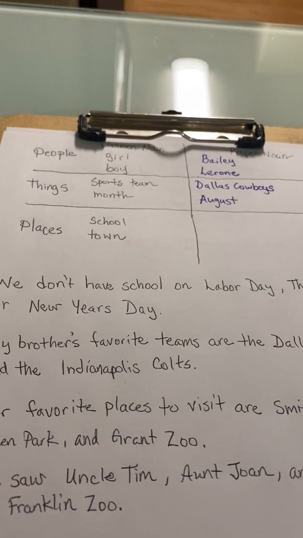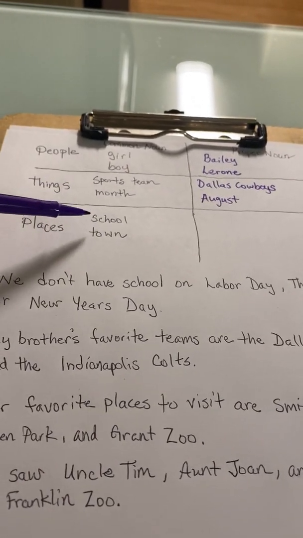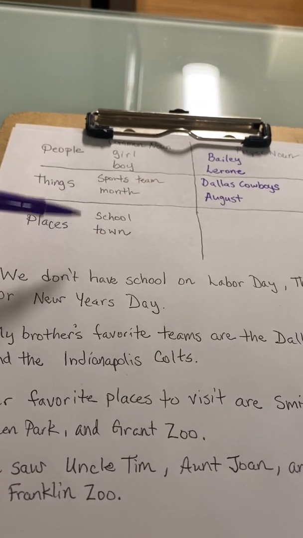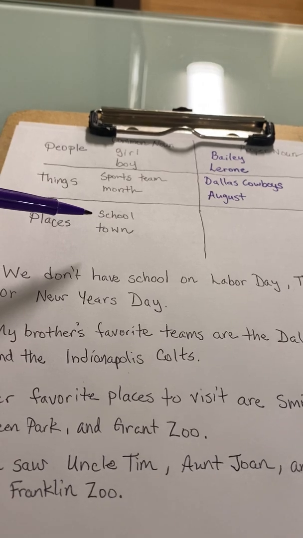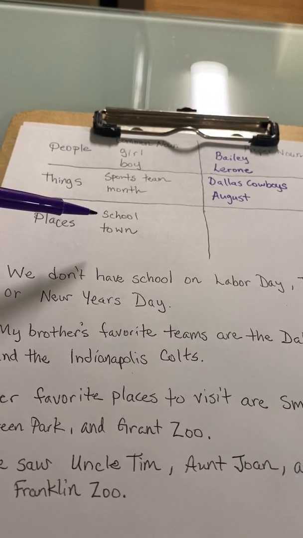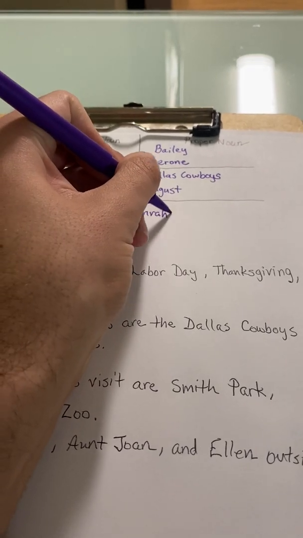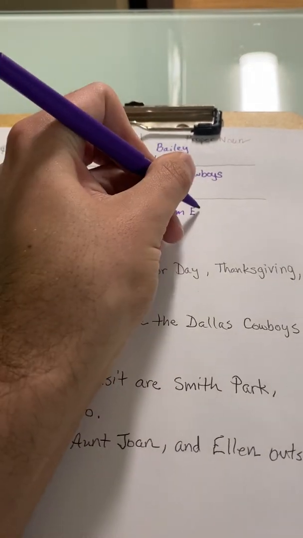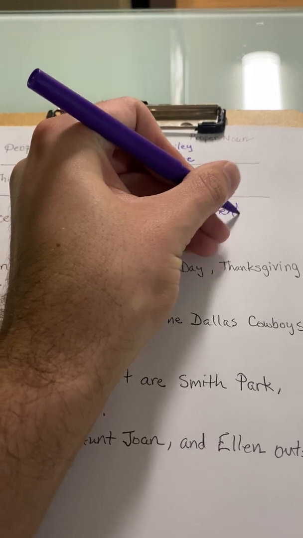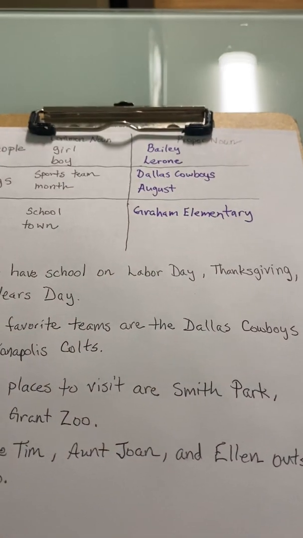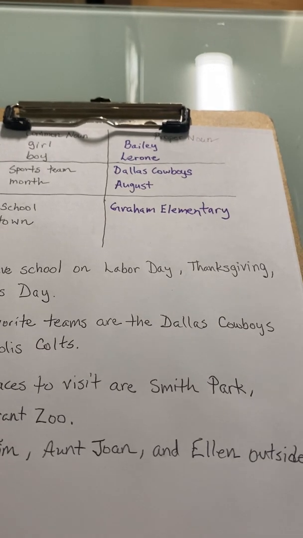Now let's go to school. School is what? A common noun. Proper noun, let's use the name of our excellent school, Graham Elementary. Graham Elementary is the name of a school.